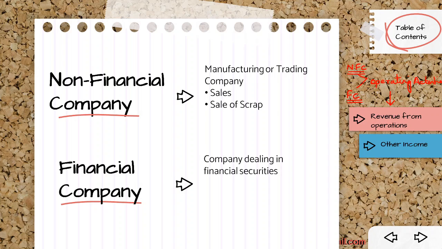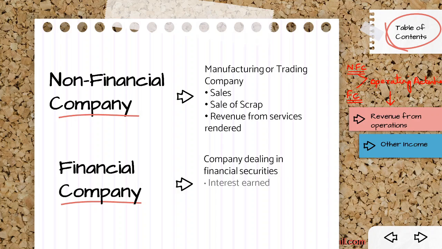So sale of scrap is also revenue from operations. Why? Because scrap was a part of raw material, so if that is sold to somebody, that is also a part of revenue from operations. Then any revenue from any kind of services which are rendered. If it is a manufacturing or a trading company, but they provide after sale services also, the revenue which is earned from there is also revenue from operations.